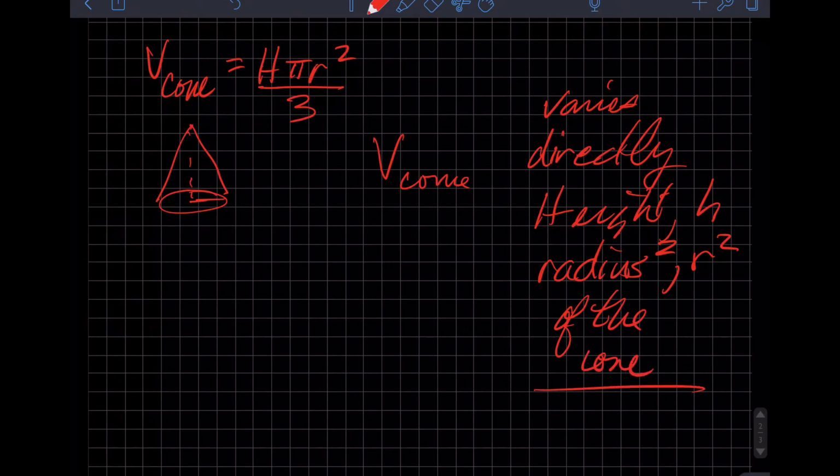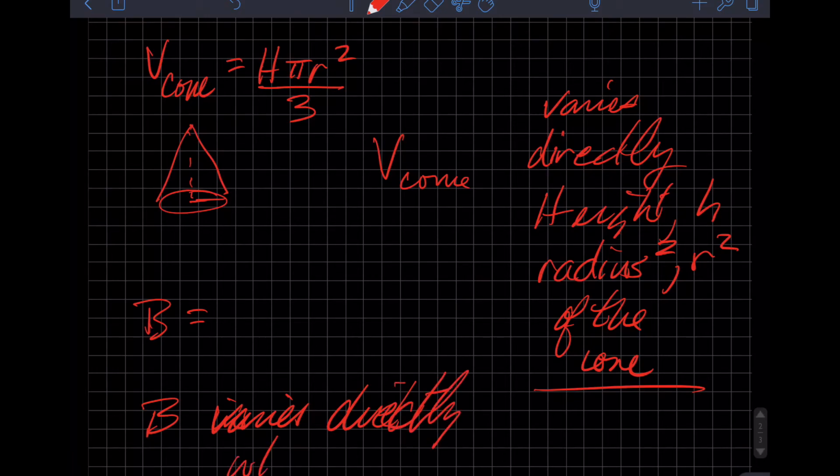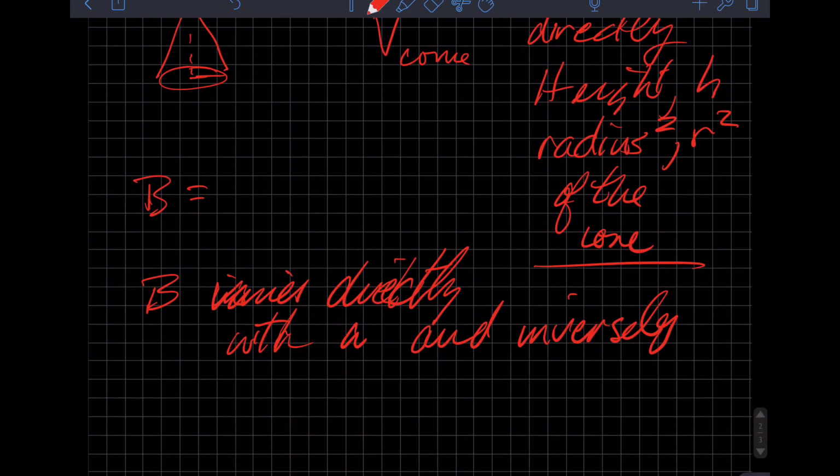Okay? You can also have things inversely related at the same time. I can't think of anything practical, but I'm sure there's something from engineering from my previous life, but that's 30 years ago. But let's say that B, whatever it is, varies directly with A and inversely with C squared.